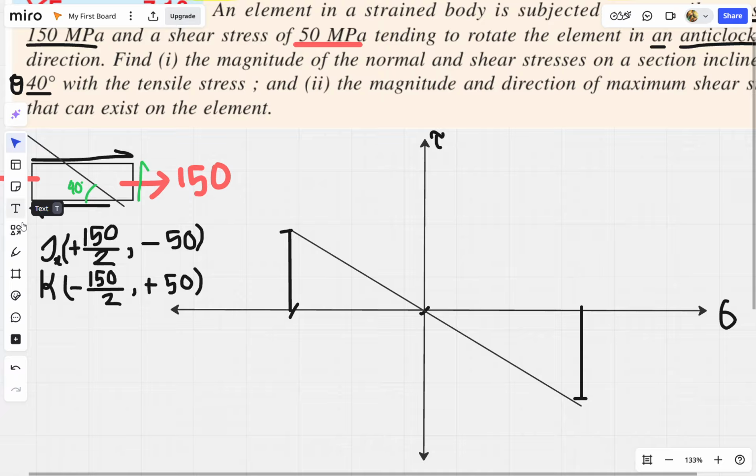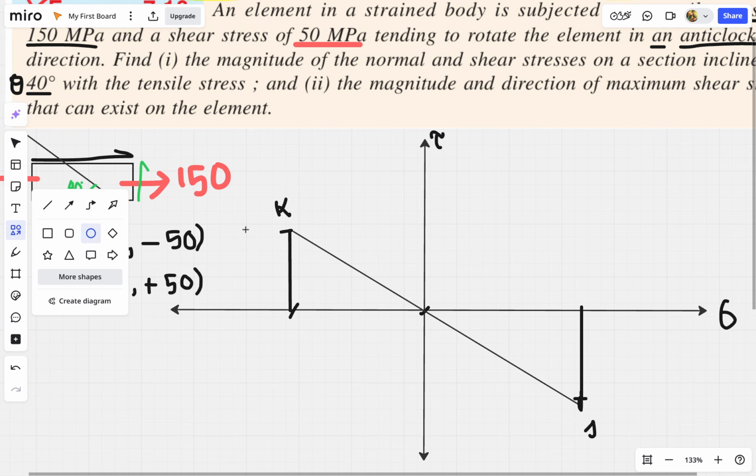As I am drawing it freehand, it may seem like this. So this point is our j point and this point is our k point.